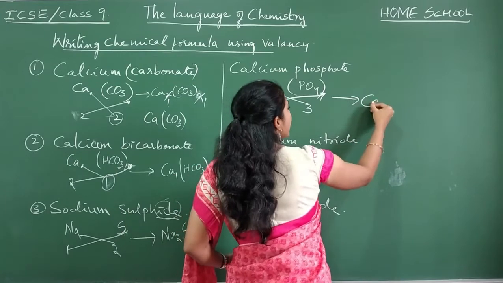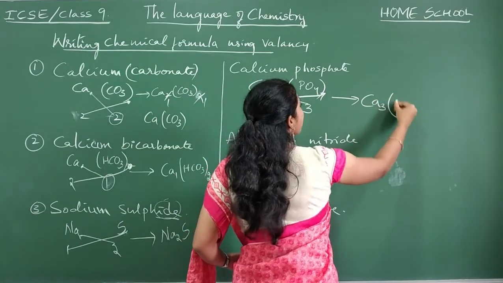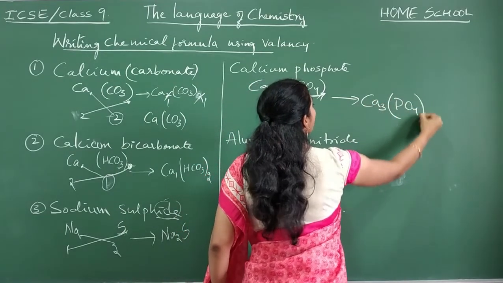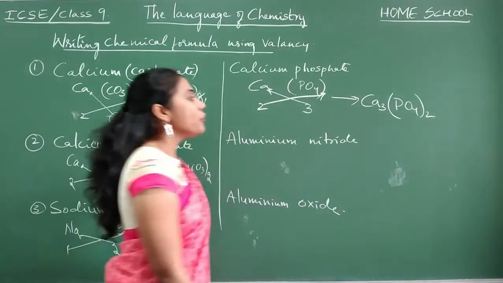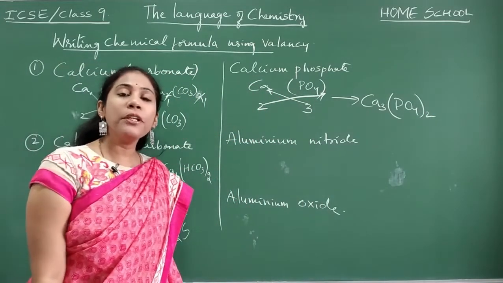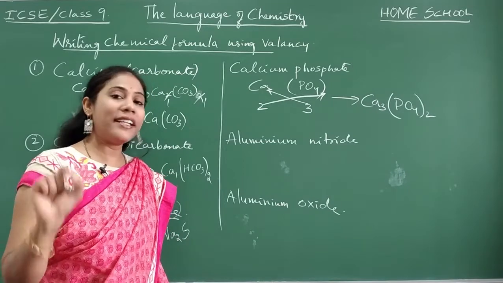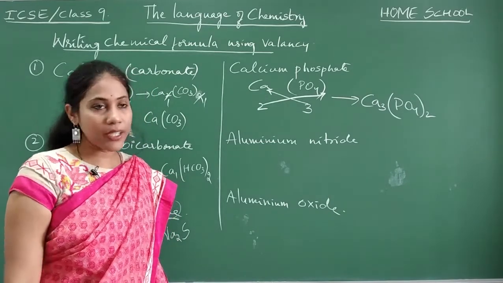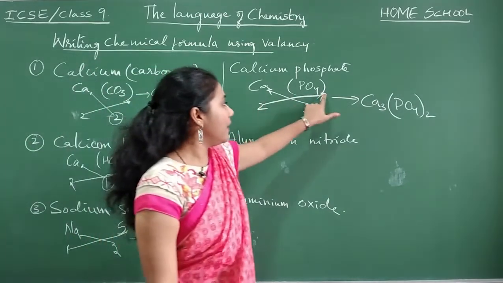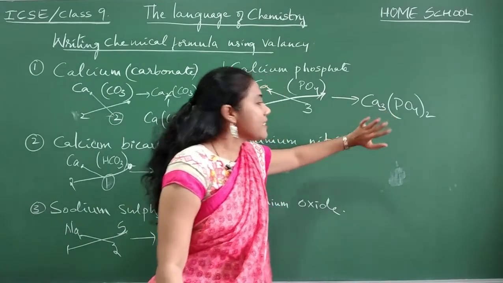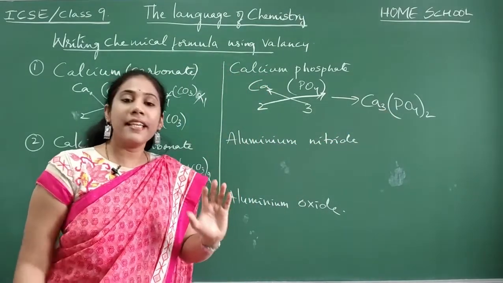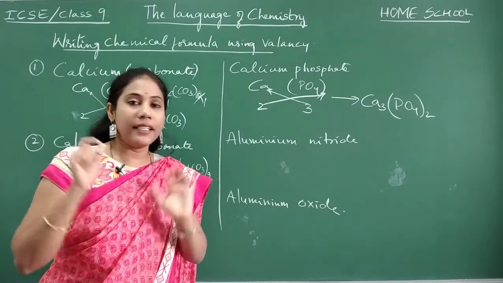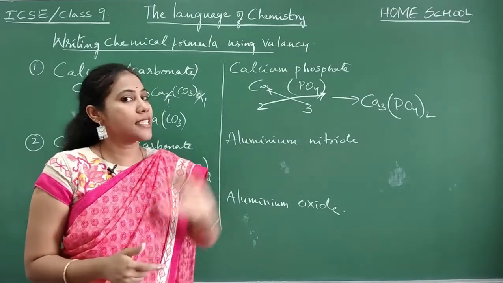You will get Ca3(PO4)2. If you write the polyatomic group in a bracket, you can avoid confusion while indicating a subscript. So always, if a polyatomic group is there, better you put it in a bracket and then do a crisscross.